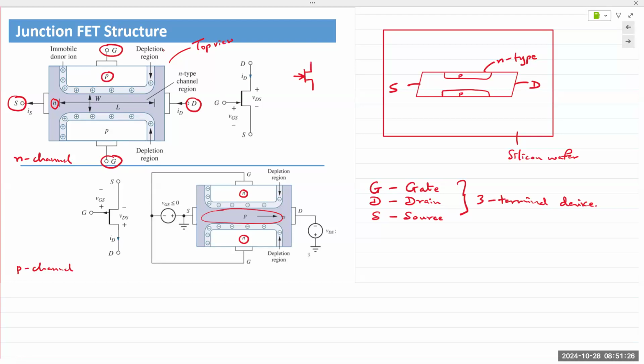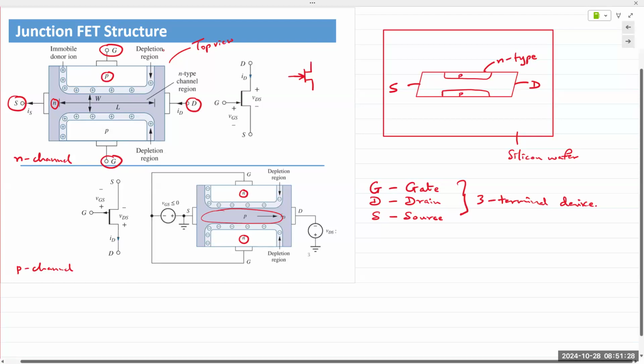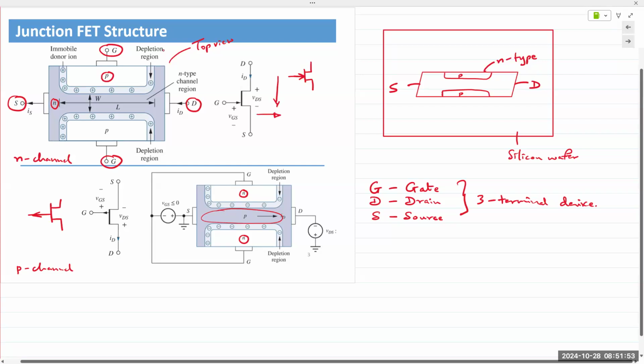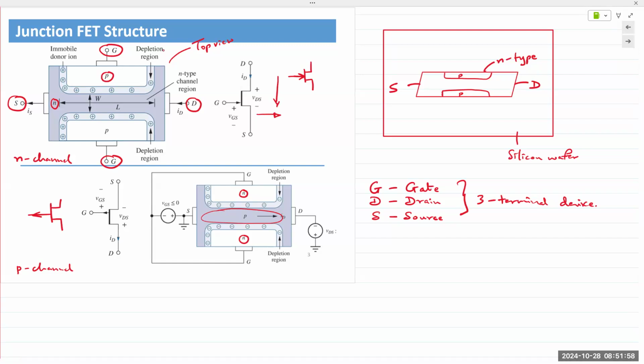For an N-channel FET, the arrow is pointing in. For a P-channel FET, the arrow is pointing out. The arrows are marked primarily on the gate because it's the gate that's actually controlling the flow of current. So current's flowing down, and the gate is controlling how much is going to come down. Depending on our application, we would control the flow of current according to our needs.